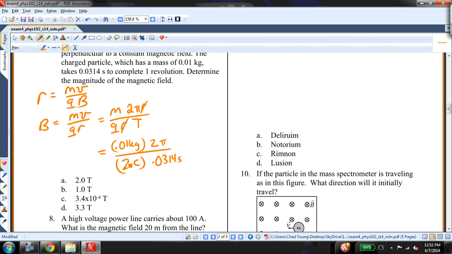Let's see, the 2's cancel. Actually, you can see here that the pi would cancel, but I'll leave you to work that out on your own, and you just get 1 Tesla as the answer for number 7.